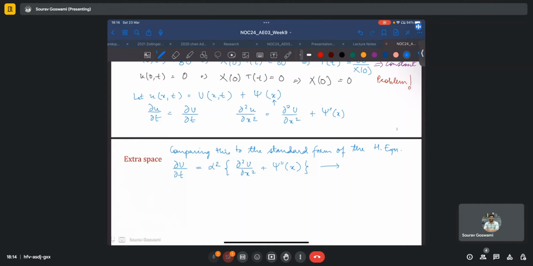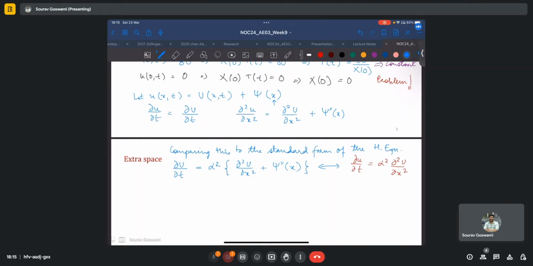Now compare this with ∂u/∂t = α² ∂²u/∂x². There is only one term on the RHS. There is no other function of x or t, and this may pose a problem.